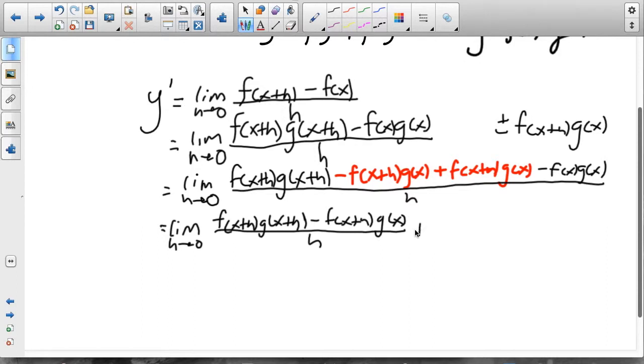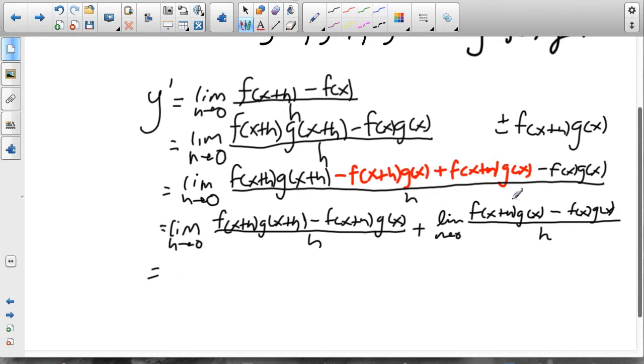And then I'll separate that with a plus sign, limit as h goes to 0 of all this guy now divided by h, minus f of x, g of x, all divided by h.